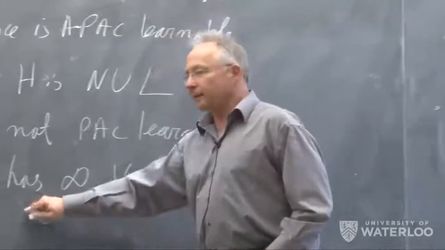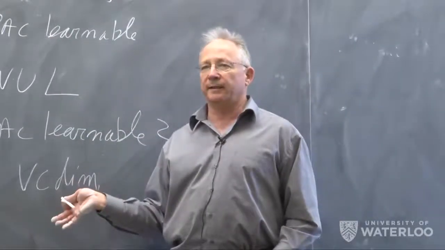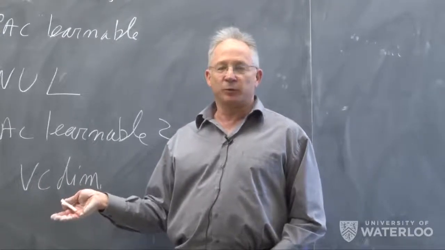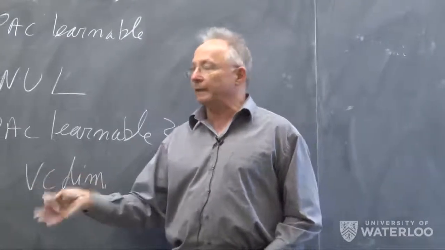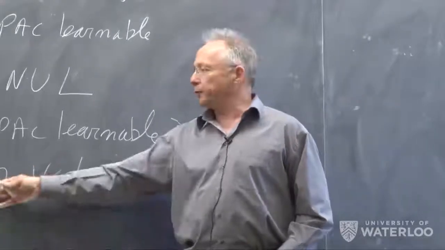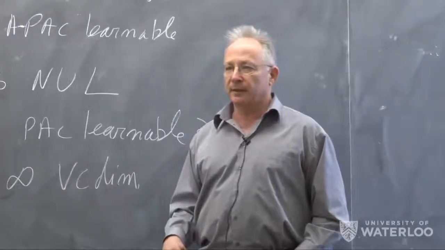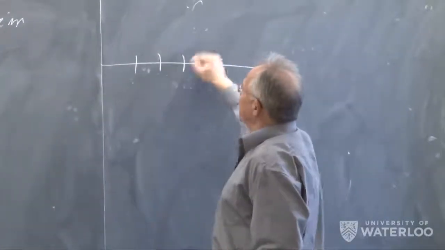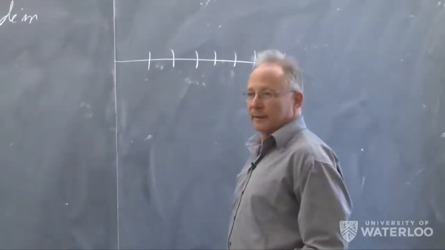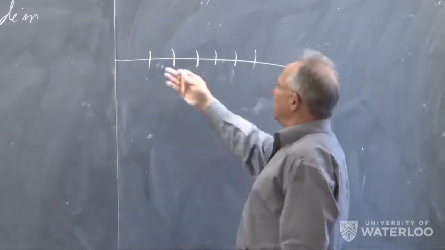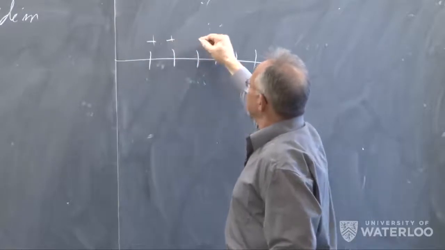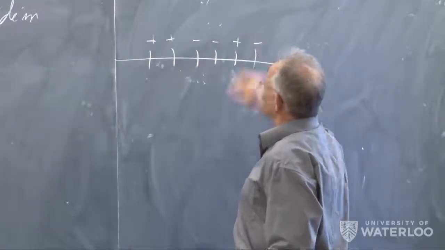And I will not bother now to prove it. I'll just give it to you as an exercise to check yourself. Each of you should be able to prove that this class has infinite VC dimension. Because roughly, if I have a set of points that I want to shatter, you tell me which ones you want to be plus and minus. So you want these ones to be plus and this one to be minus and this plus and this minus.